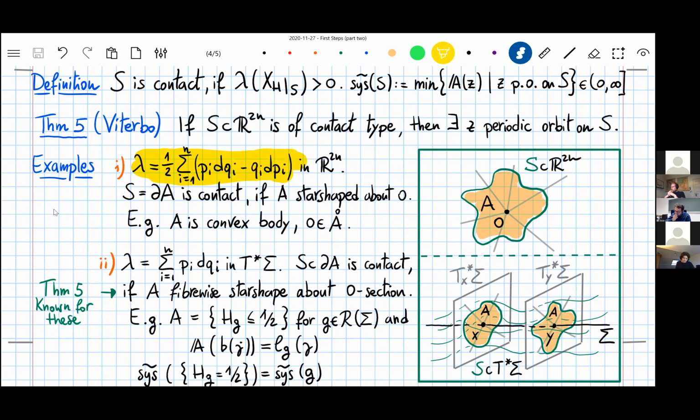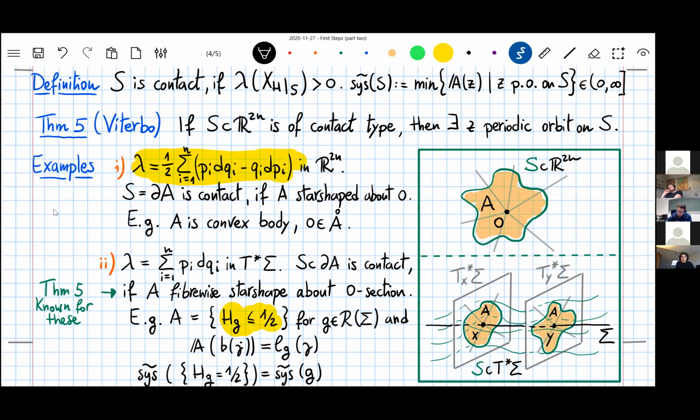Okay, and what are the examples? In this setting, these come from Riemannian metrics, because I can take as a domain A all the vectors with norm less than or equal to 1, or in this notation, vectors with kinetic energy less than or equal to 1/2. This is certainly fiberwise star-shaped.